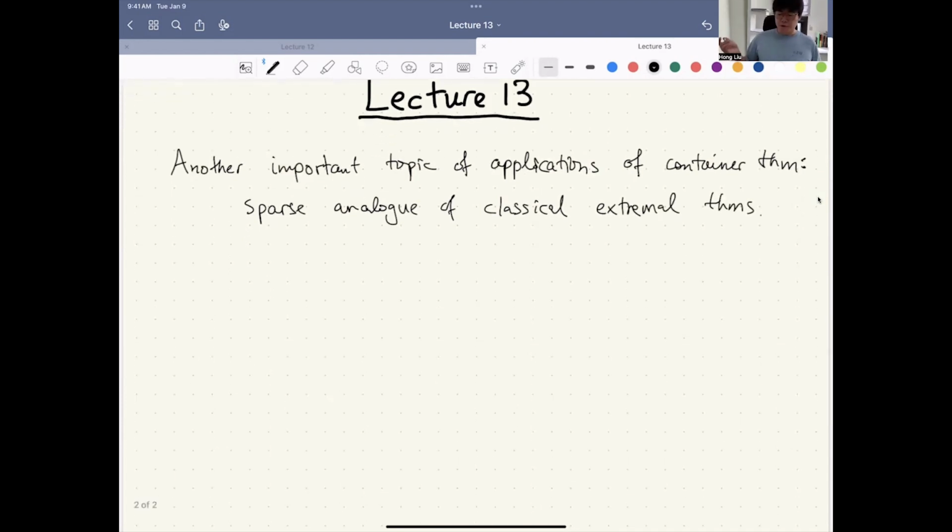So let's make this rigorous, starting with two very fundamental ones.